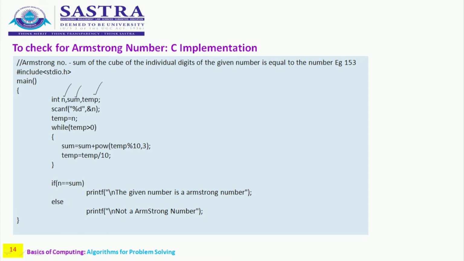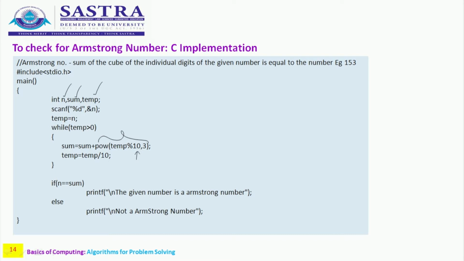Finally we will compare our sum and n, and if both are matching, we will display that as an Armstrong number. So we have stored the number in temp. While temp is greater than 0, what do we do here? Here we are extracting the digit of a number and giving the number power 3.